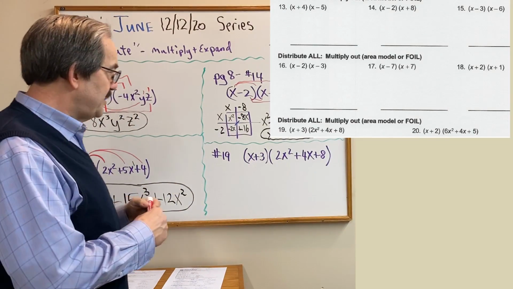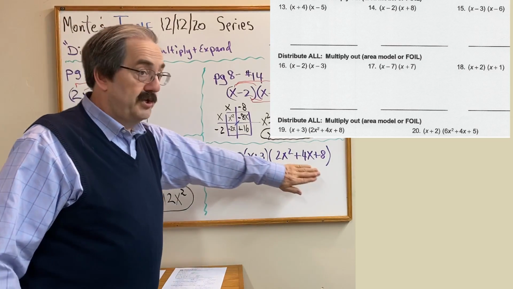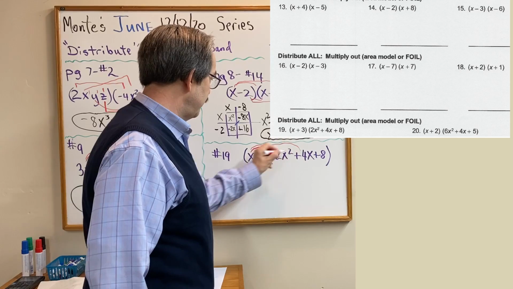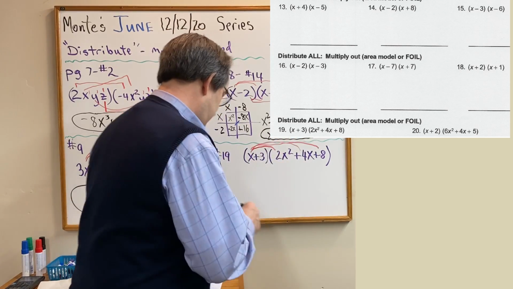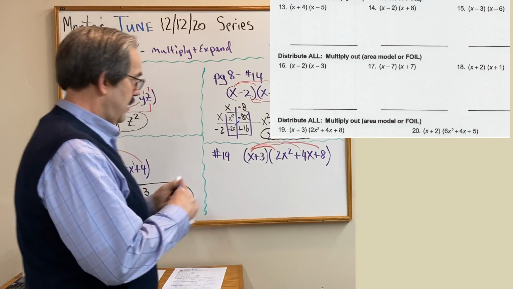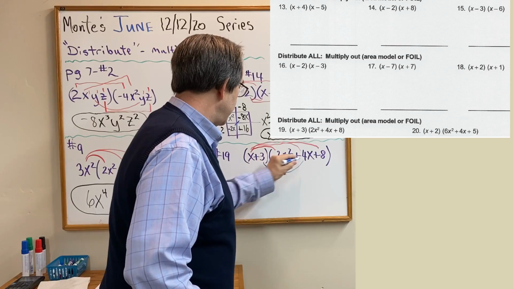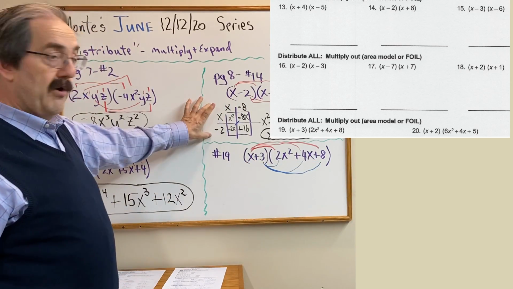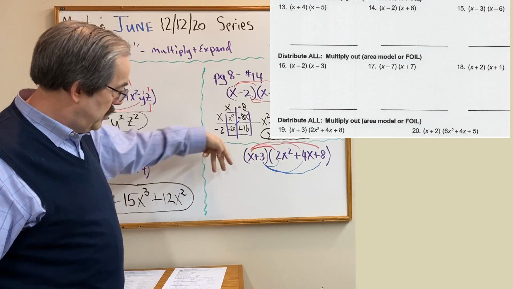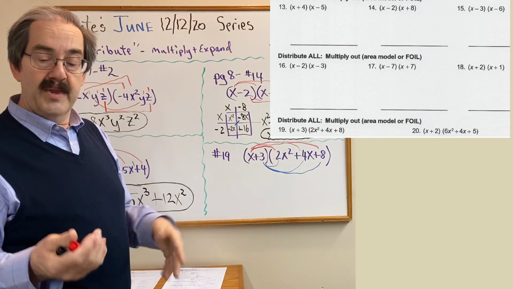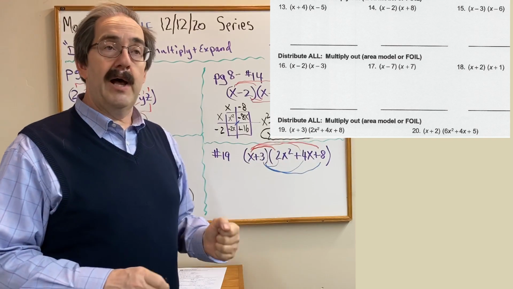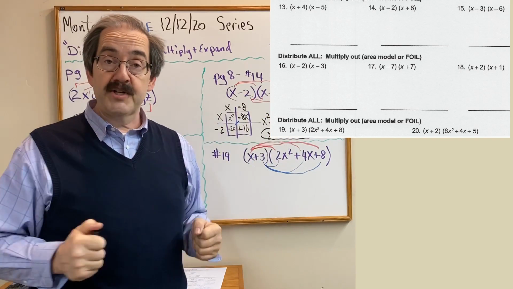All right, let's do a harder one. This last one, binomial times a trinomial. Well, I've got to take that times that, that times that, that times that, that times that, that times that, that times that. Again, area model, 2 by 3. Wow. Here's a different strategy though, because when we multiply it all out, we want to be able to combine like terms.